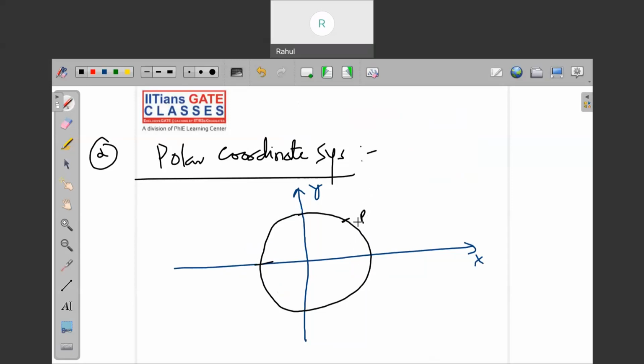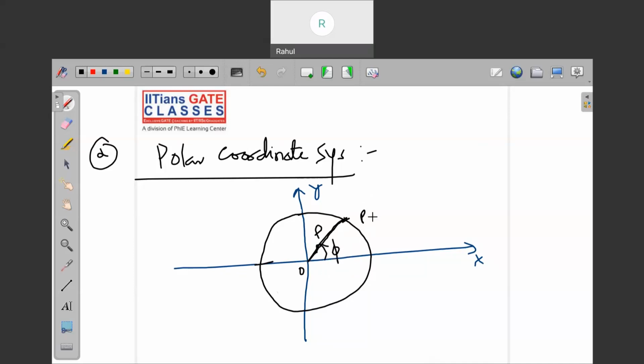We can find the relation between polar and Cartesian, but for the time being, we will join the origin to this point P, and we will say that this is rho. This line which is joining the origin to this point P is making an angle from the x-axis, that is phi.